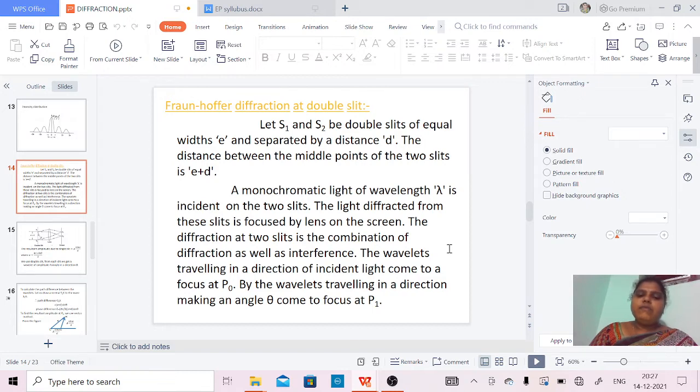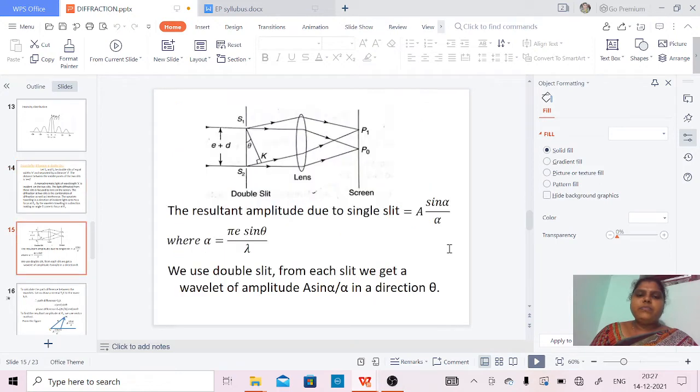Now the wavelets traveling in a direction making an angle theta come to focus at P1. So P1 is a minima, with the rays coming from the source making an angle theta with the principal maxima.